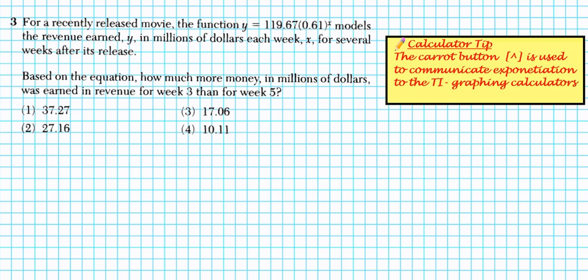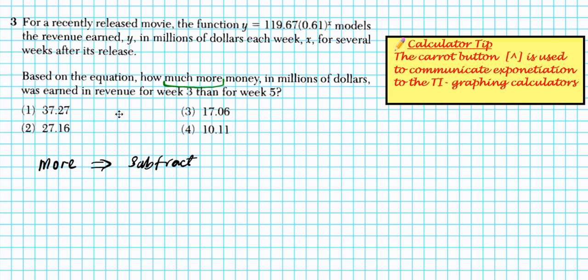So the word we're looking at here is more. How much more? We're comparing two outputs, but the word more tells us what operation to use. If you want to see how much more one measure is compared to the other, you have to subtract. So what are we subtracting?